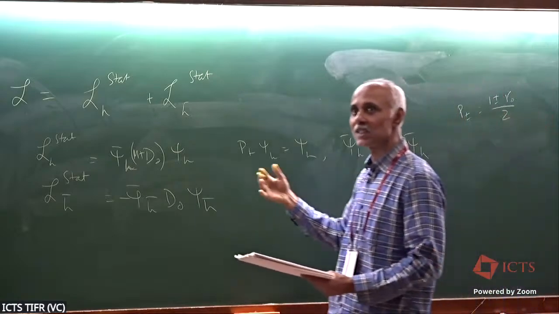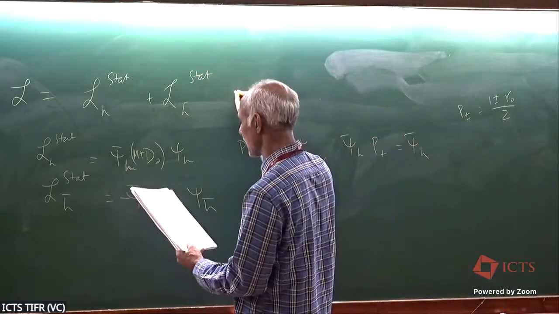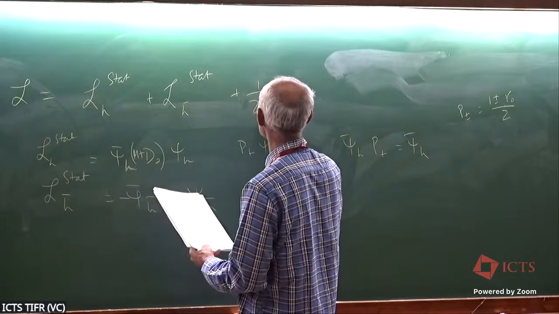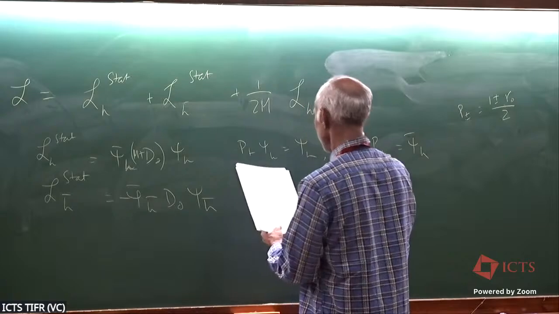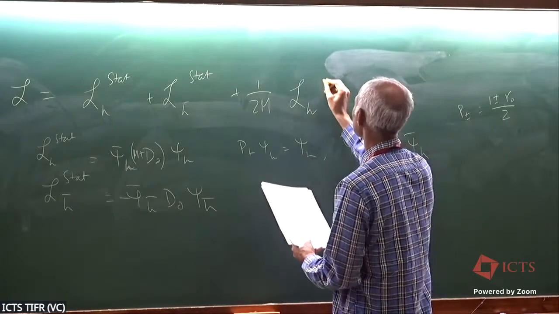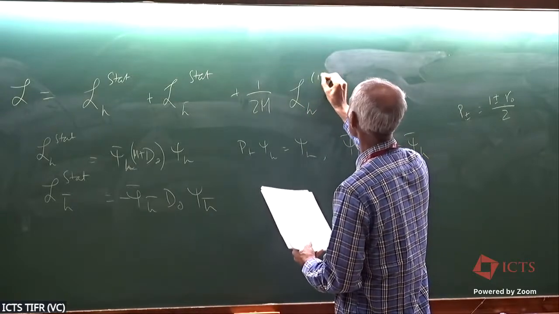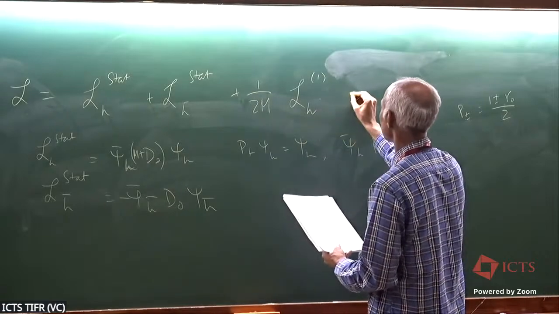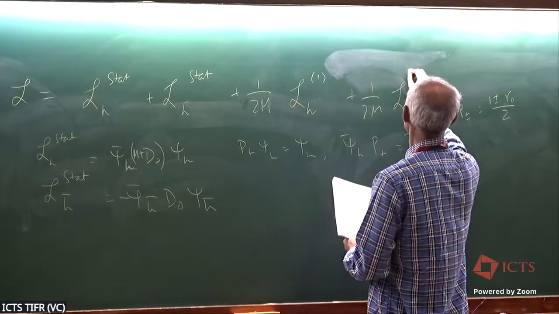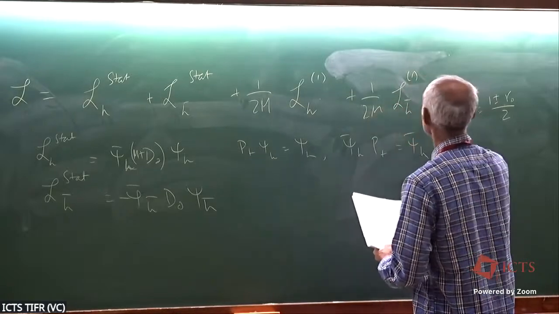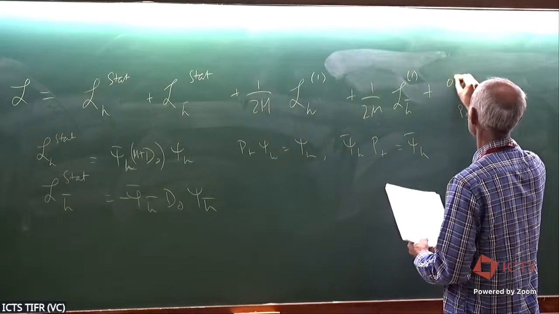You probably know the forms of many of these 1 over m corrections, but let me write them. So 1 over 2m LH, order 1, let's say, because it's 1 over 2m. And then there will be order 1 over m squared terms.